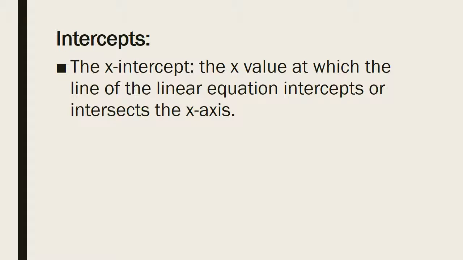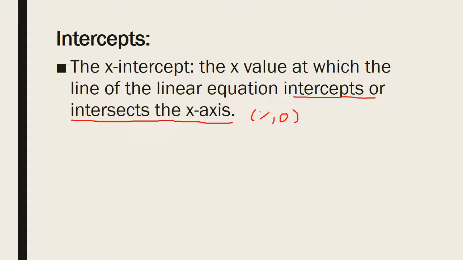Now let's talk about the intercepts. The first intercept is the x-intercept, where the line of the linear equation intersects the x-axis. The y value for the x-intercept is 0 because the line is going to cross the x-axis at a point, and this point has a y-coordinate of 0.